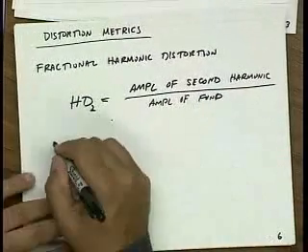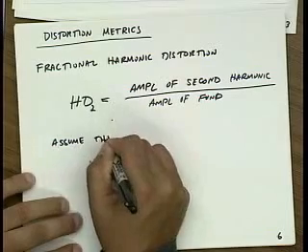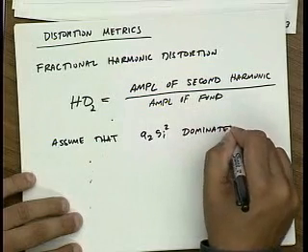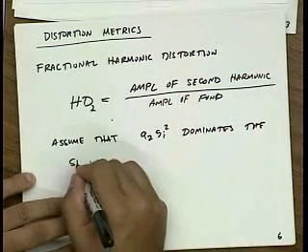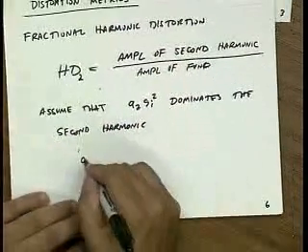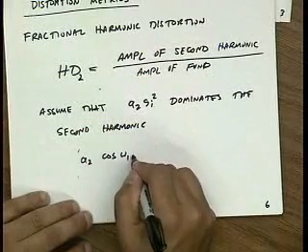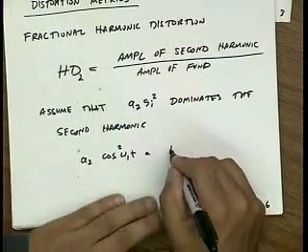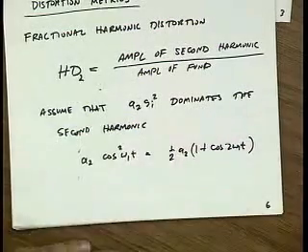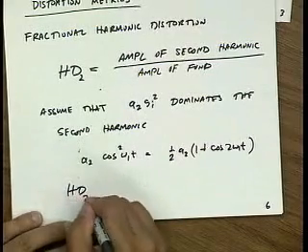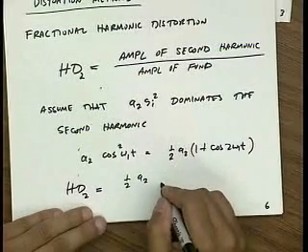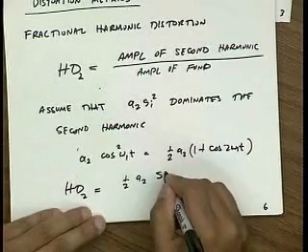Okay, so now if we assume that A2 S input squared dominates the second harmonic, in other words, A2 cosine omega 1 t squared, which is equal to 1/2 A2 (1 plus cosine 2 omega 1 t). If this dominates, then we can see that HD2 is simply 1/2 A2 times the amplitude of the signal.